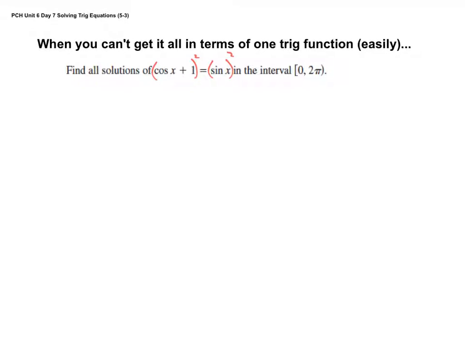One thing to remember when we are squaring both sides: on the left side we have a binomial that we're squaring. So, what do we need to do?